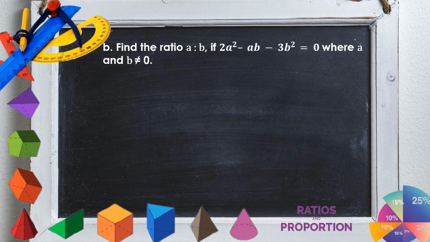We have to find the ratio of a is to b, if 2a squared minus ab minus 3b squared is equal to 0. So what we need to do here first is we simply factor the given quadratic expression: 2a squared minus ab minus 3b squared, given that a and b are not equal to 0.